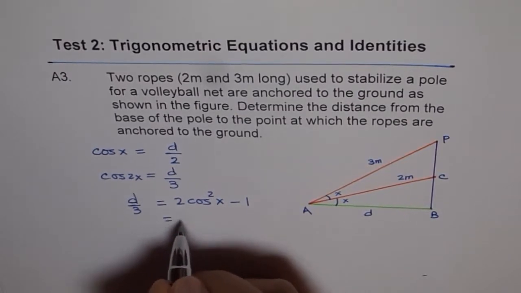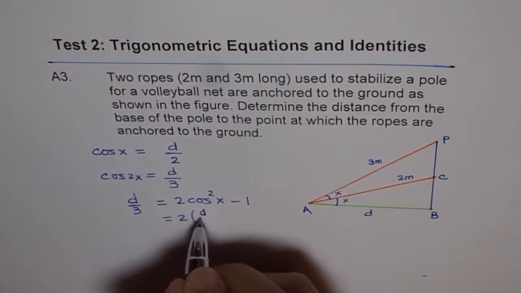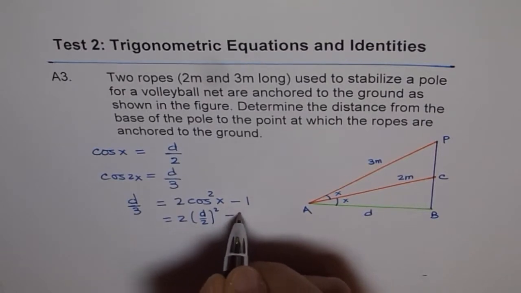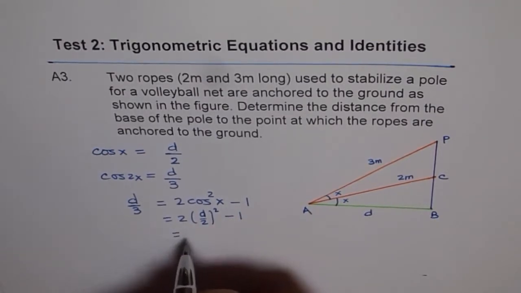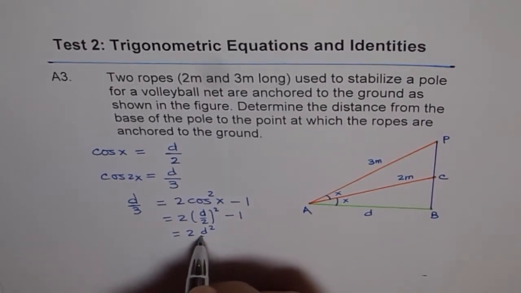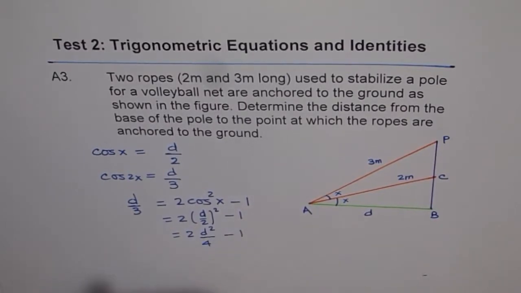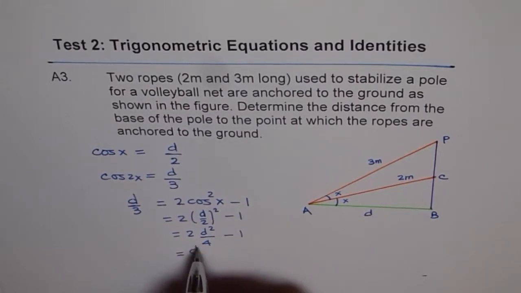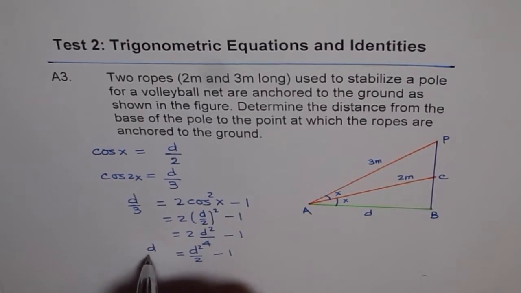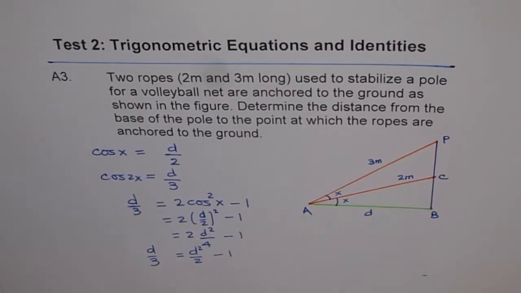So we get here 2 times d over 2 whole square minus 1, which is 2 times d square over 4 minus 1. Now this can be written as d square over 2 minus 1, and that is d over 3, correct? Now that gives us a quadratic equation in d, right? So we can multiply all these by 6, which is the common denominator, and then solve for d.